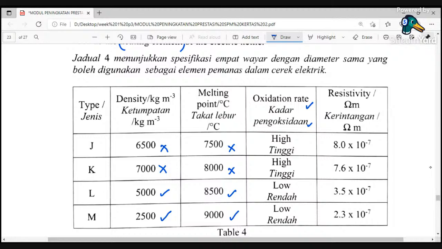We don't want it to rust, we want it to last longer, so I will choose the one which is low. Resistivity must be high, since R equals rho L over A, so I will choose the two which are higher.